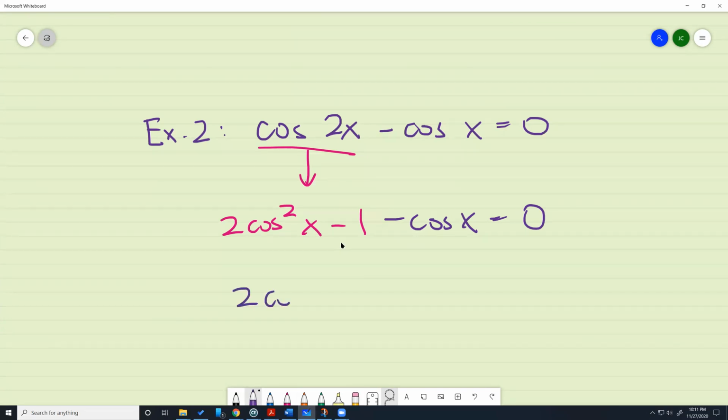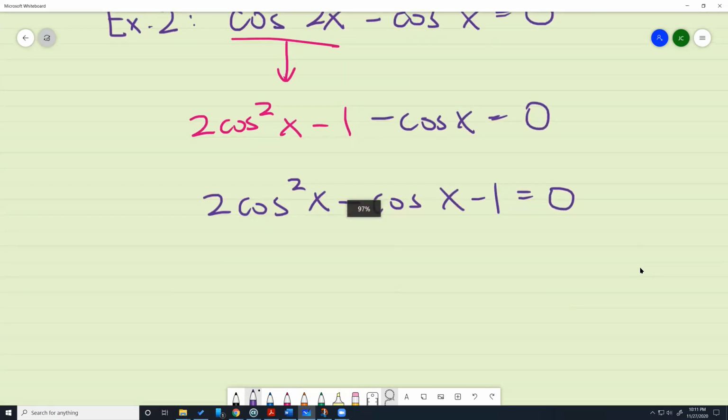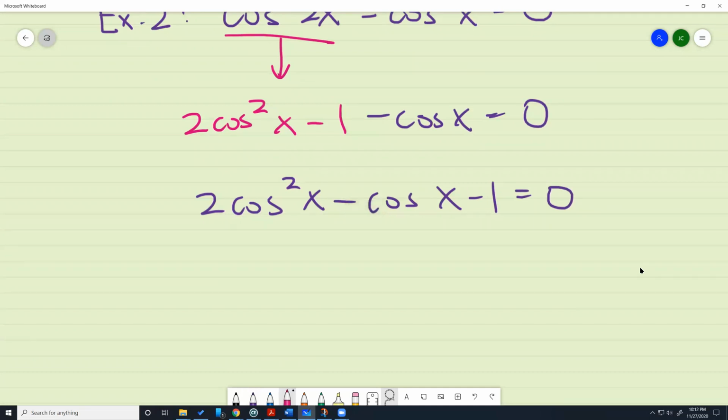I'm going to rewrite this so it looks more recognizable. Now this is a factoring problem. If you let u equal cosine x, you can tell this is a factoring pattern. So in that case, I'm just going to use my butterfly method again.